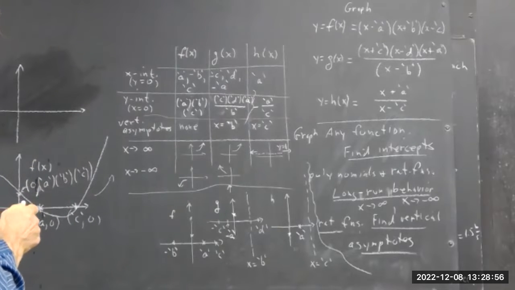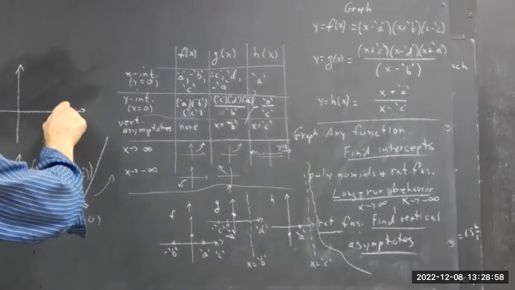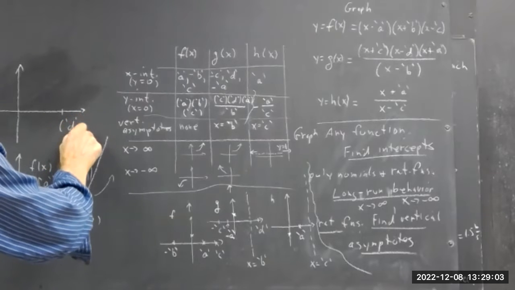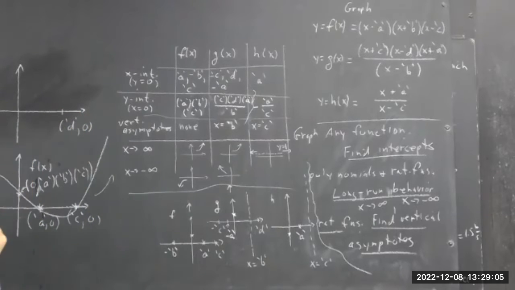Okay, so we have this point, which would be your D, 0 over here. We're going to have negative C, 0.